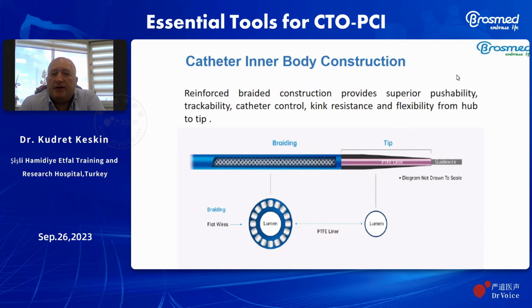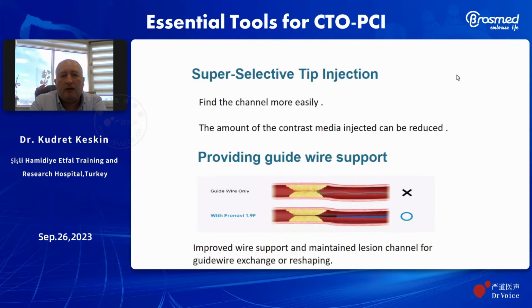If you look at the catheter inner body construction, there's a similar design. The PTFE liner inside was covered with a braiding in the 1.7 French design, which gives it kink resistance, control, and trackability, and of course pushability. You can also do super-selective injection and provide guide wire support, and you can find channels more easily.